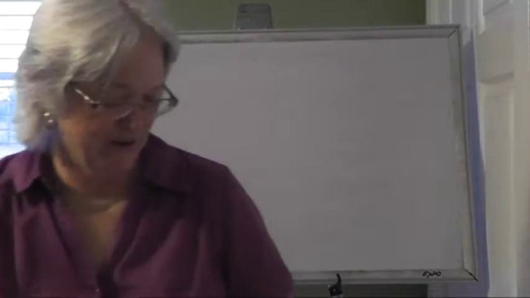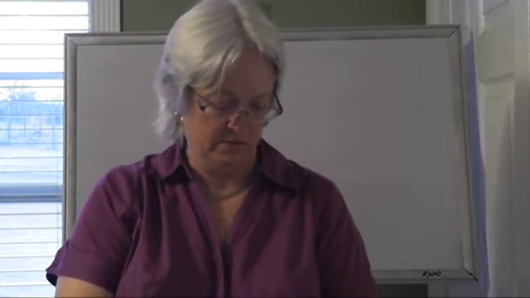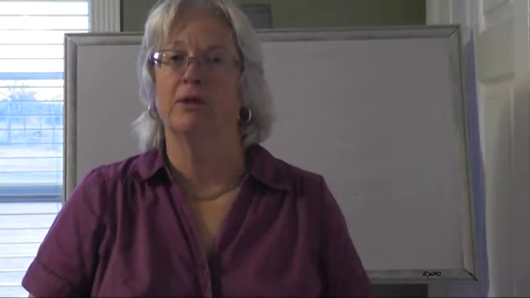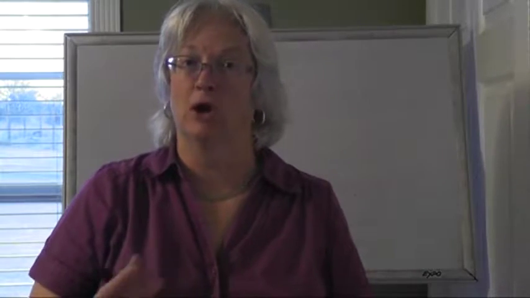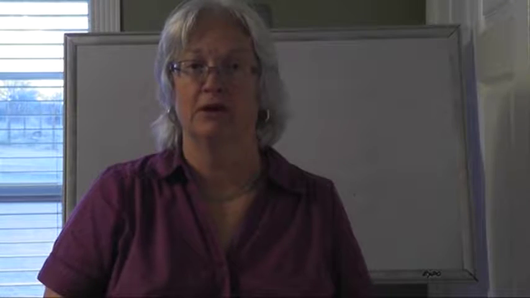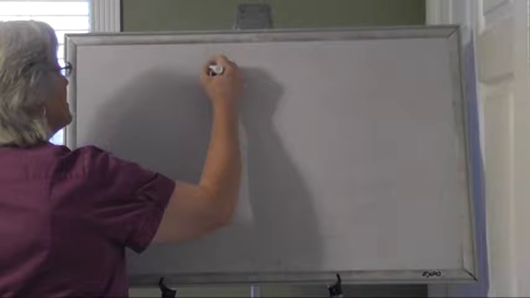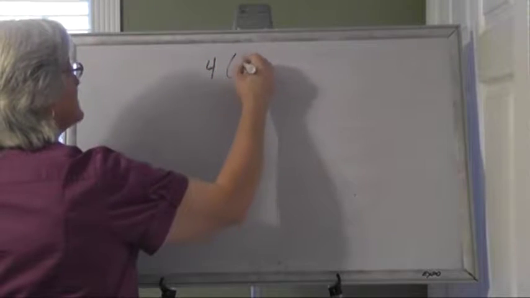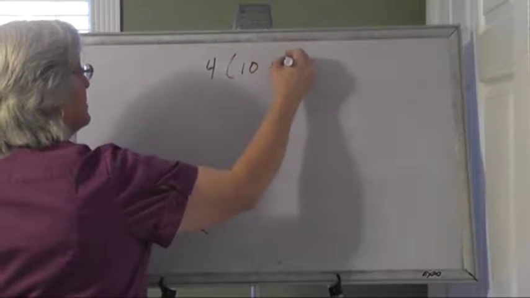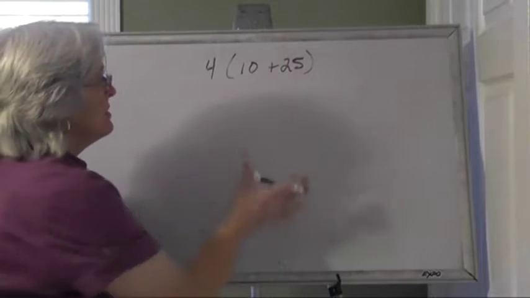So we're on page 50 in the Bob Jones book, talking about what they call the distributive property, and it has a long name. It's called the distributive property of multiplication over addition. Let me just go ahead and illustrate it to you just by using some numbers. Say if we had 4 times 10 plus 25, the quantity 10 plus 25.